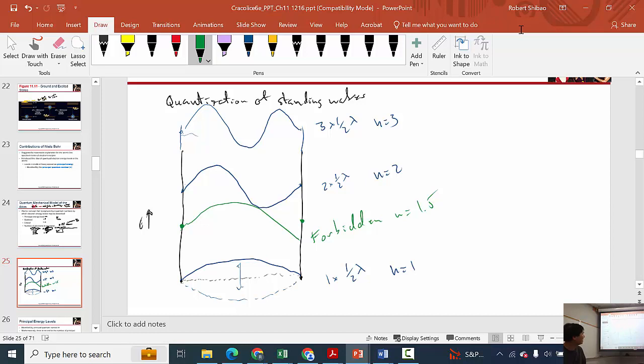Anyway, what we're going to see is that the blues are allowed here. This is called a one-dimensional standing wave.